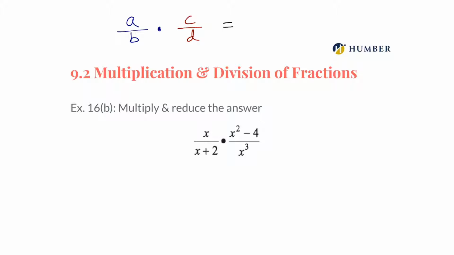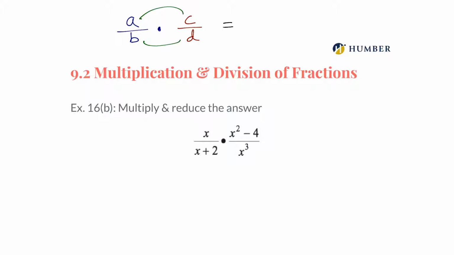Cross. When you say cross, do you mean a times d? Yeah. No. So if you meant top at top, bottom at bottom, then yes. So the rule that you should keep in mind, because you would have to apply it at some point in this situation also, is when you multiply two or more fractions together, you only multiply the numerators together, only the denominators together, always.